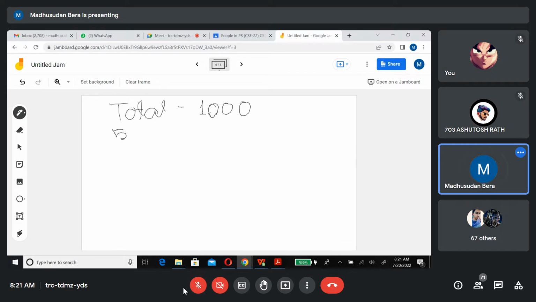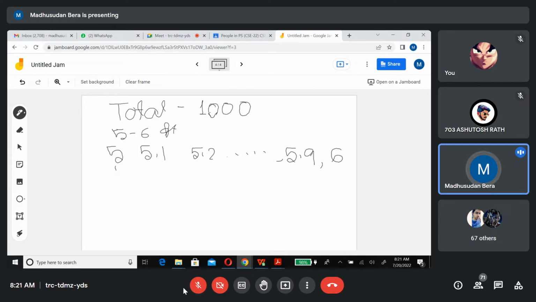What we can do is count the number of students whose height is 5, the number whose height is 5.1, then 5.2, that way up to 5.9 and 6 foot.